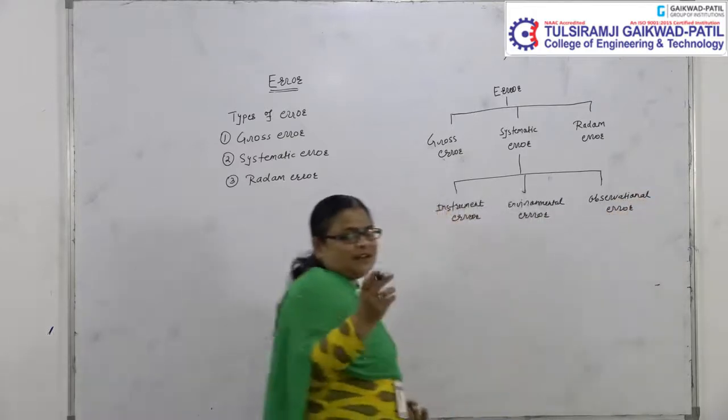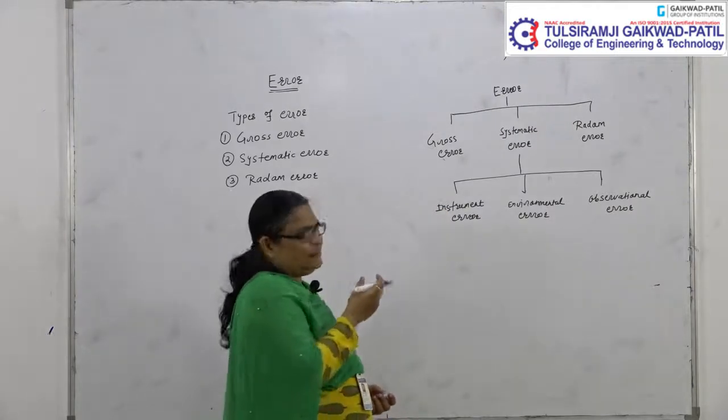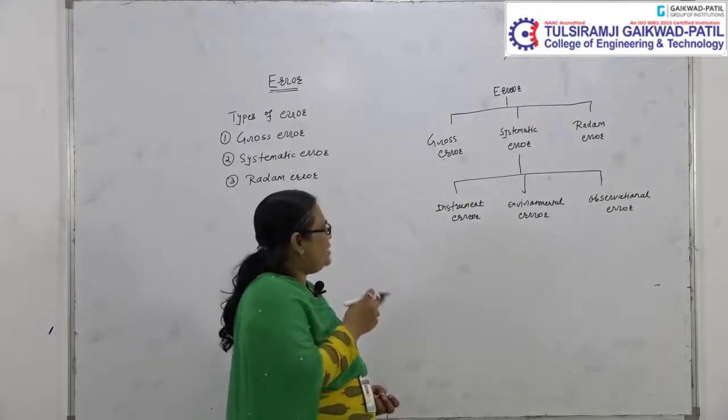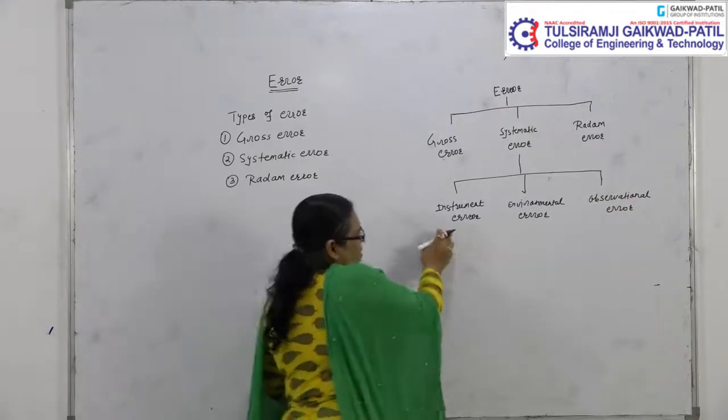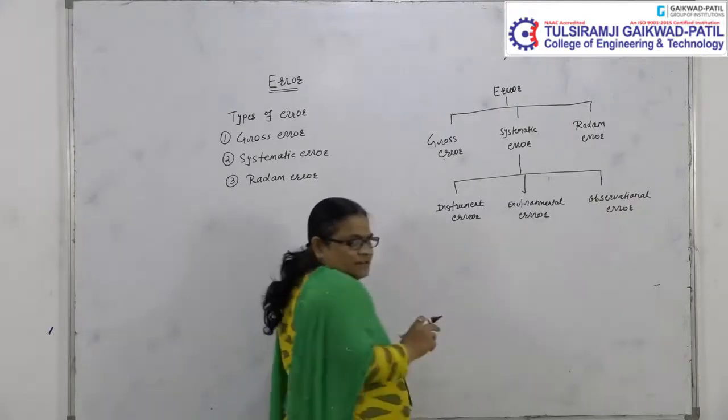So, these are the divisions of a systematic error.